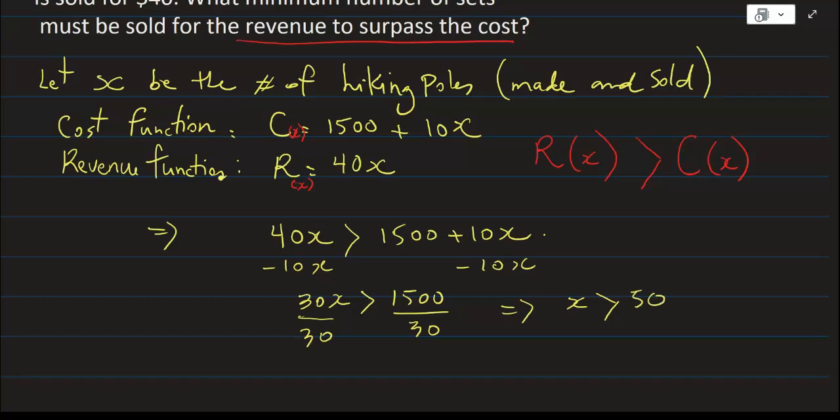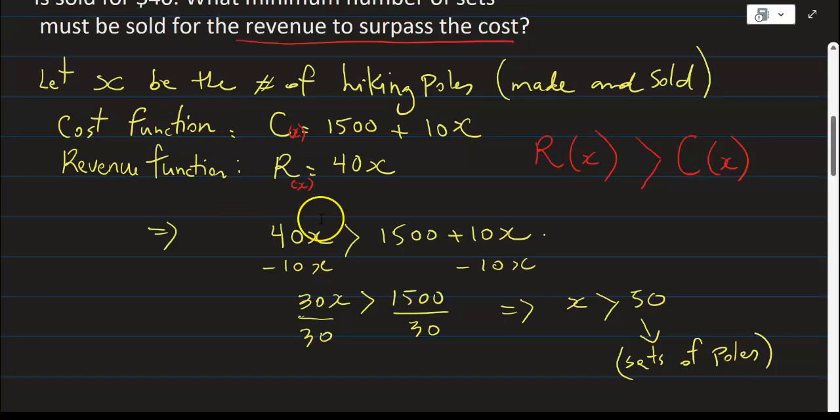Now what is 50? It is 50 sets of poles. Once they sell over 50, that means 51, because it is a discrete number, not a continuous number. You can't sell half a pole.